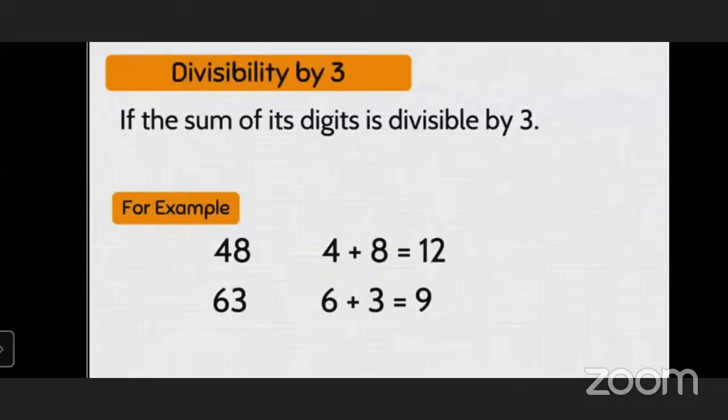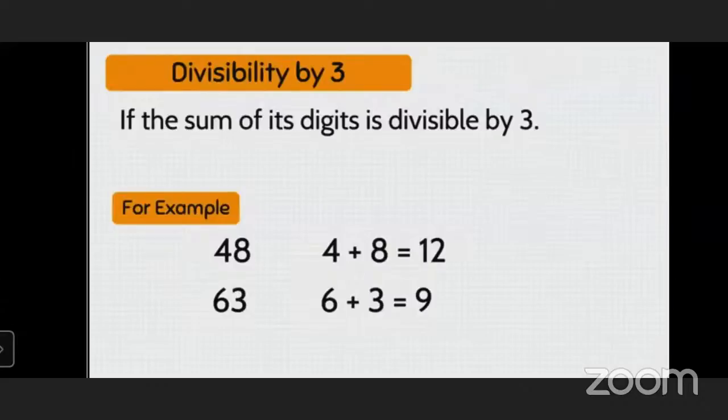You tell me whether it is divisible by 3 or not. 52. Is 52 divisible by 3? No, sir. Why? We add 5 plus 2, and we get 7. And 7 is not divisible by 3.